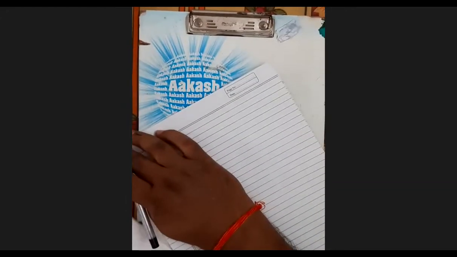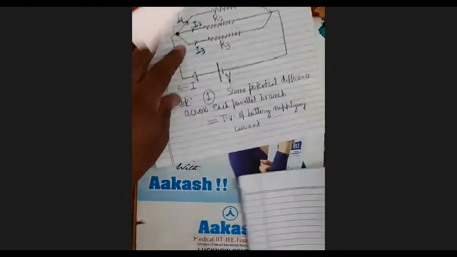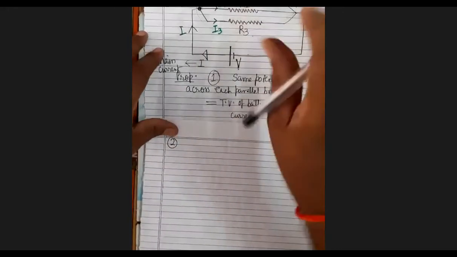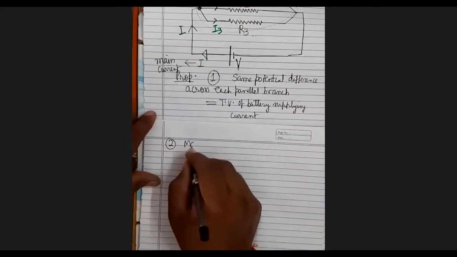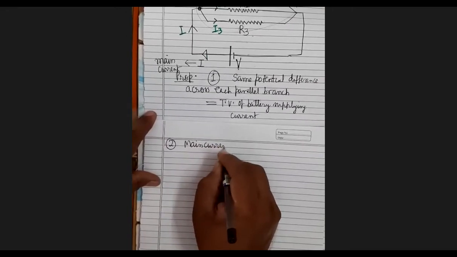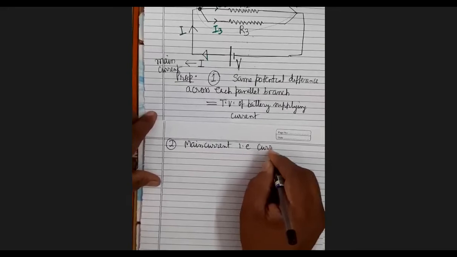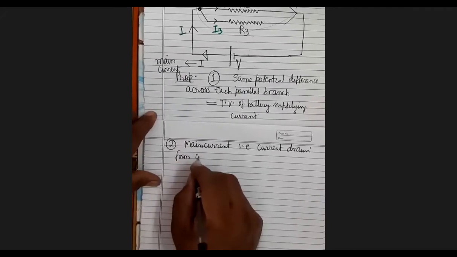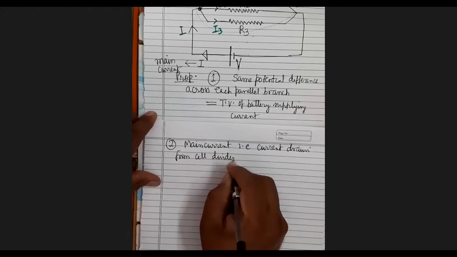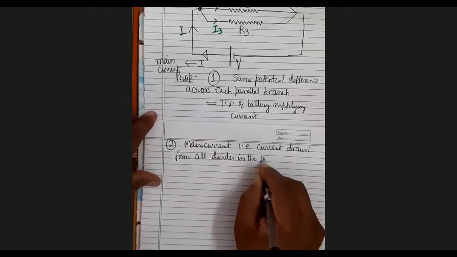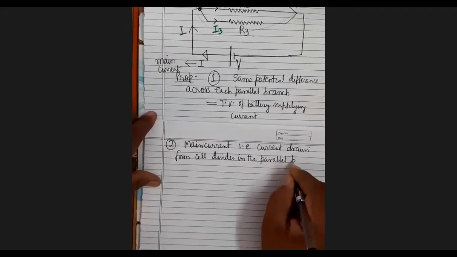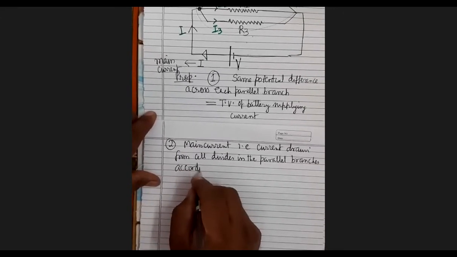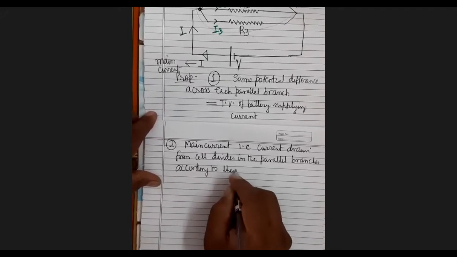You can see the main current, that is the current drawn from the cell, divides in the parallel branches according to their resistance.